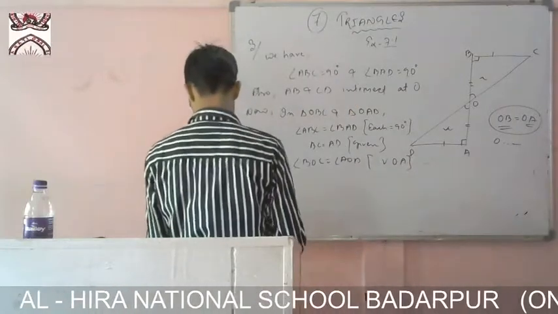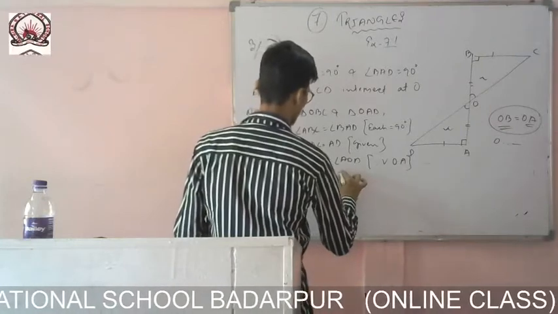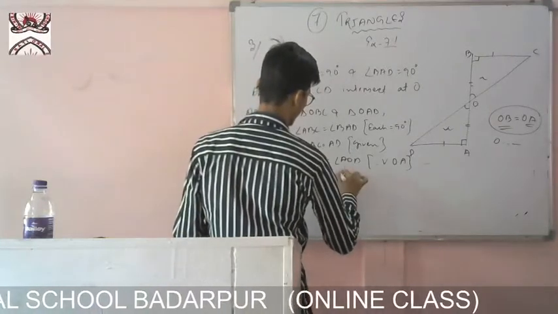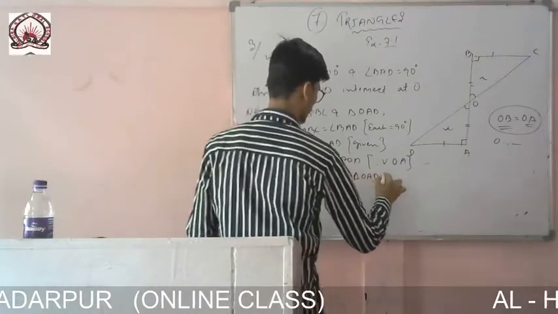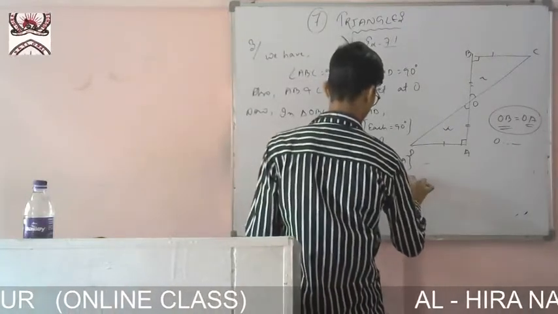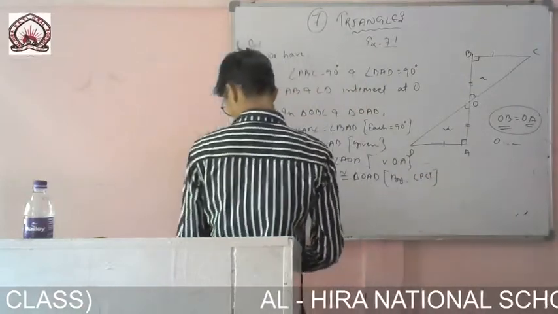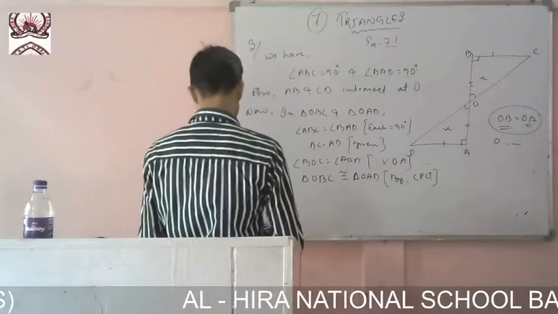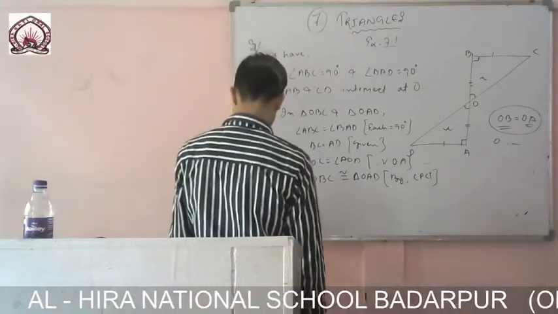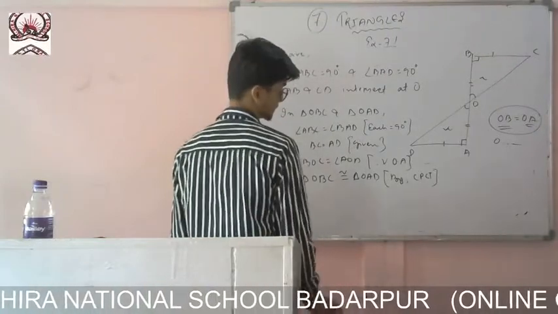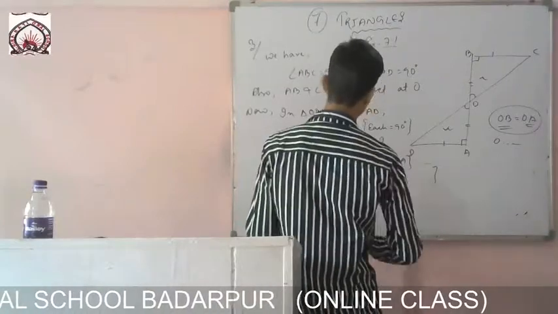You write it in full. So I can say that these two triangles are congruent. Triangle OBC is congruent to triangle OAD. Here I have to write the congruency criterion, no?